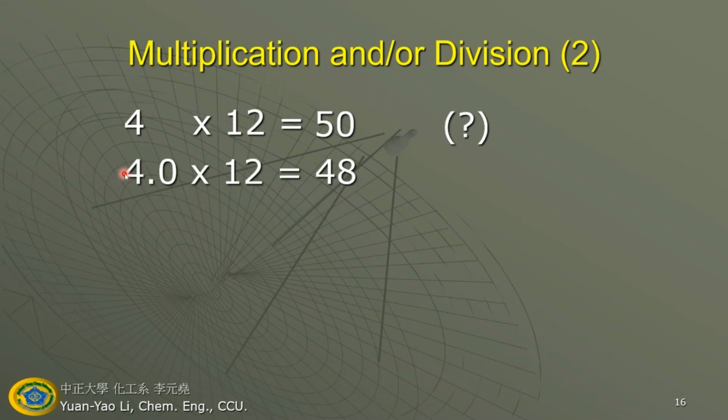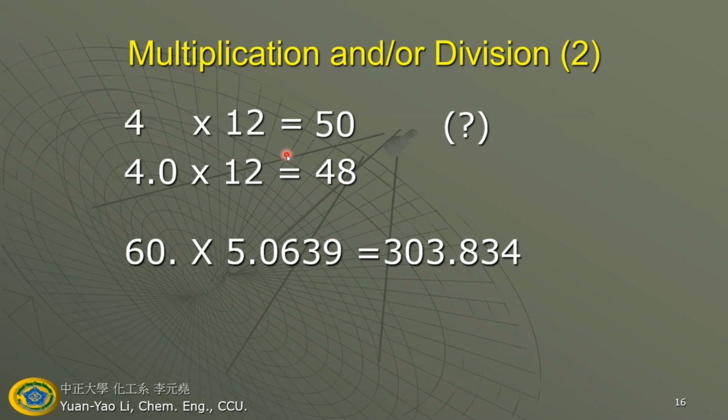So if you do 4.0 times 12, for the first number you have 2 significant figures, and for the second number you have 2 significant figures. So the answer you will get will be 2 significant figures, right? So it's 48. No problem. Good.